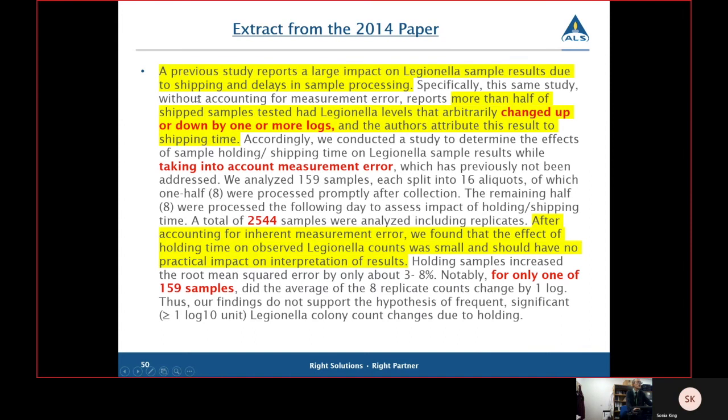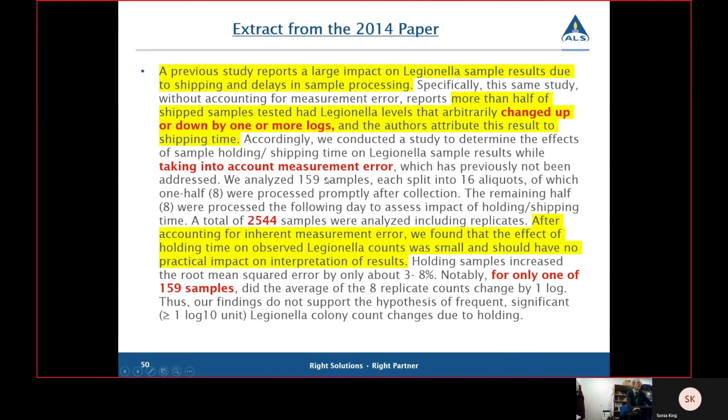Specifically, this same study, without accounting for measurement error, reports more than half of the shipped samples had Legionella levels arbitrarily changed up or down by 1 or more logs, and therefore the authors attribute this result to shipping time. So that's a previous paper which I haven't given you, but according to this study, we determine the effects of sample holding and shipping time while taking into account the measurement error. This first paper in 2014 didn't do that, which has previously not been addressed.